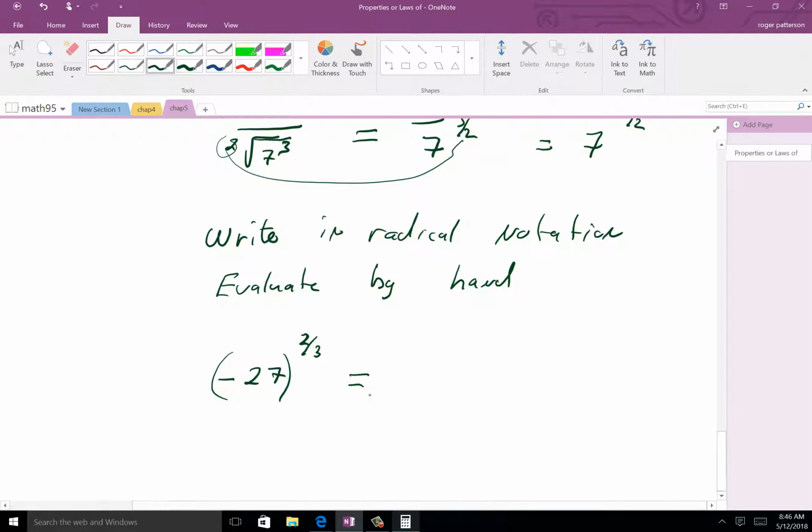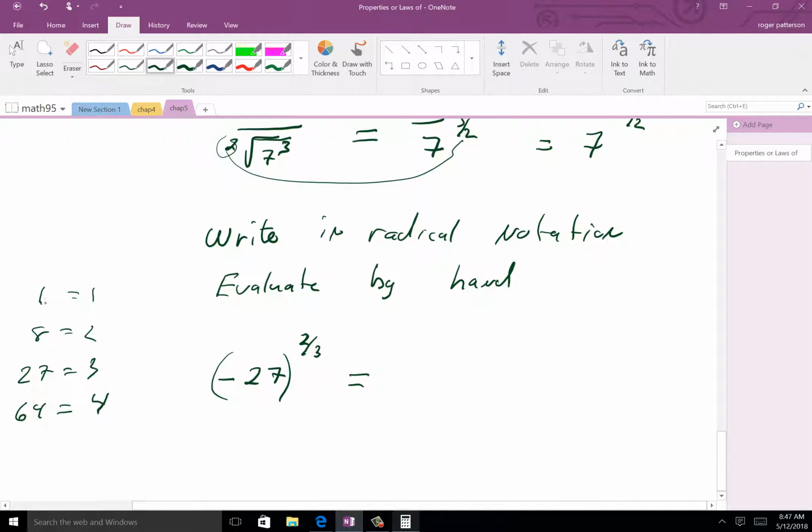All right. Now we're not supposed to use our calculator. We have to do these by hand, so we have to try to figure it out. So it'd be good for us to know all the cubes. Well, not all the cubes, but most of the cubes. So if we have, for example, 1 is obviously 1, 8 is 2, 27 is 3, 64 is 4.